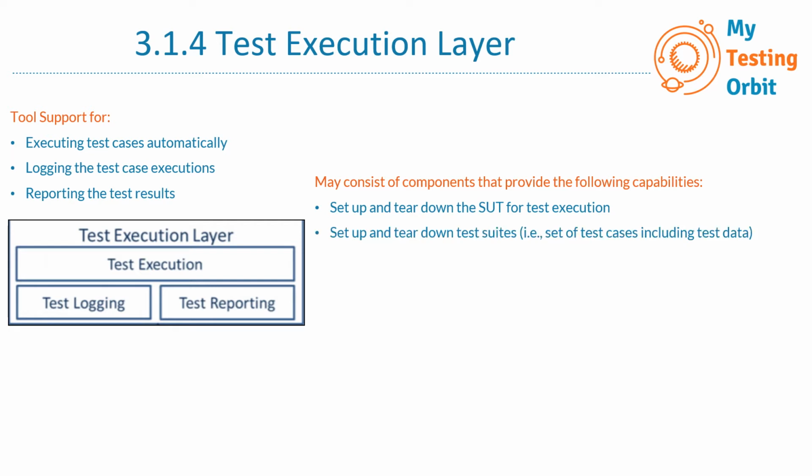The next one is to set up and tear down test suites, that is, a set of test cases including test data. Okay, so often while writing tests, we have some setup work which needs to happen before the test run, and sometimes we have some work which needs to be done after the test run. So setup and tear down are two methods.